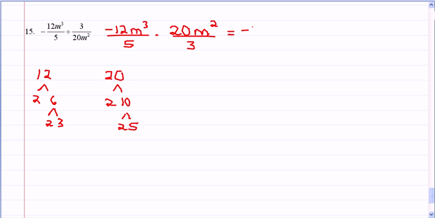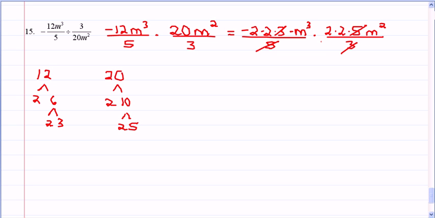And negative 12 is negative 2 times 2 times 3 times m cubed over 5 times 20 is 2 times 2 times 5 m squared over 3. So one of the 5's will cancel, one of the 3's will cancel.